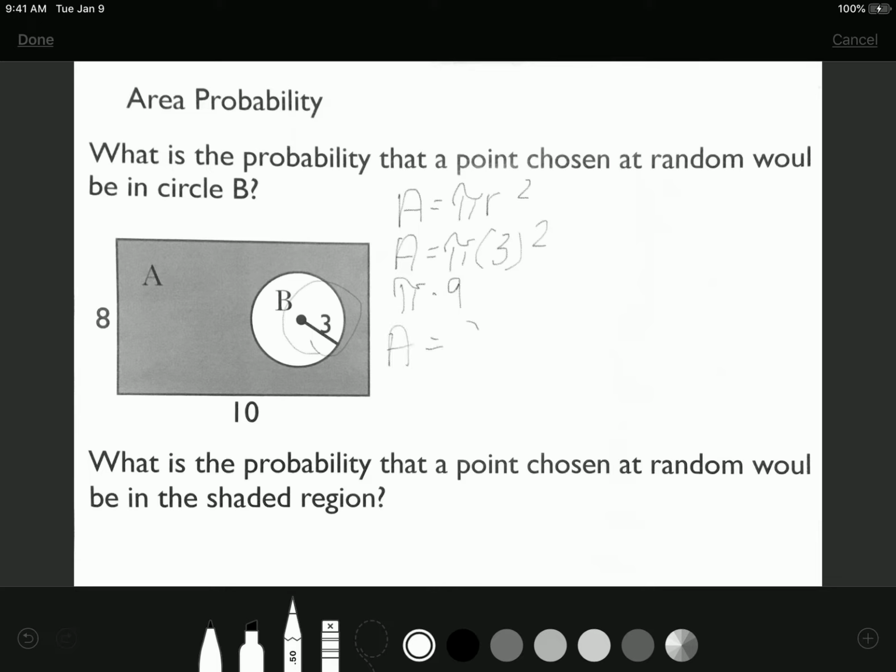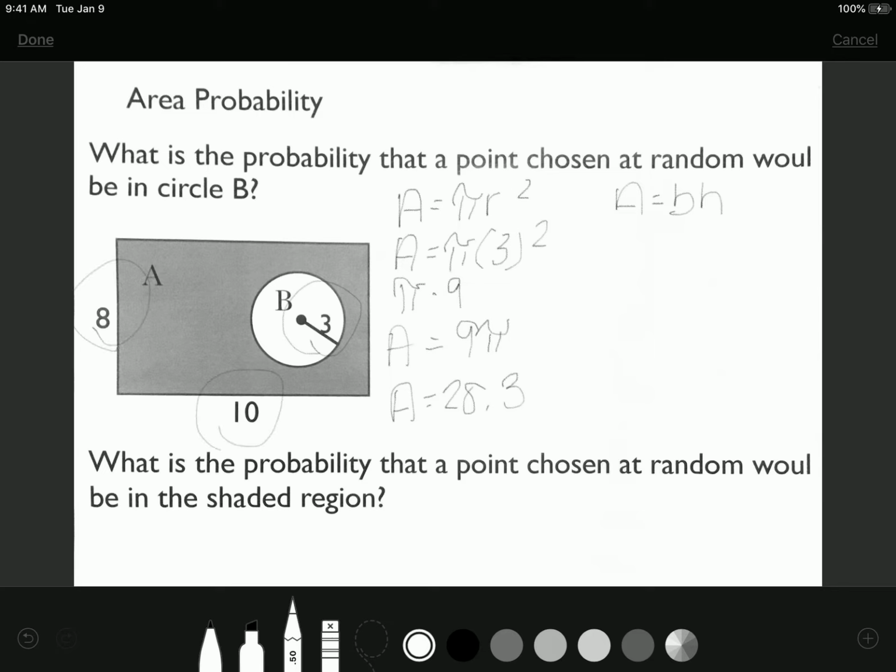So our area is 9 pi. Now, of course, our rectangle does not deal with pi. So at this point, we might as well take 9 pi and get it to an answer to the closest 10th, right? So we can say our area here is going to be 28.3.